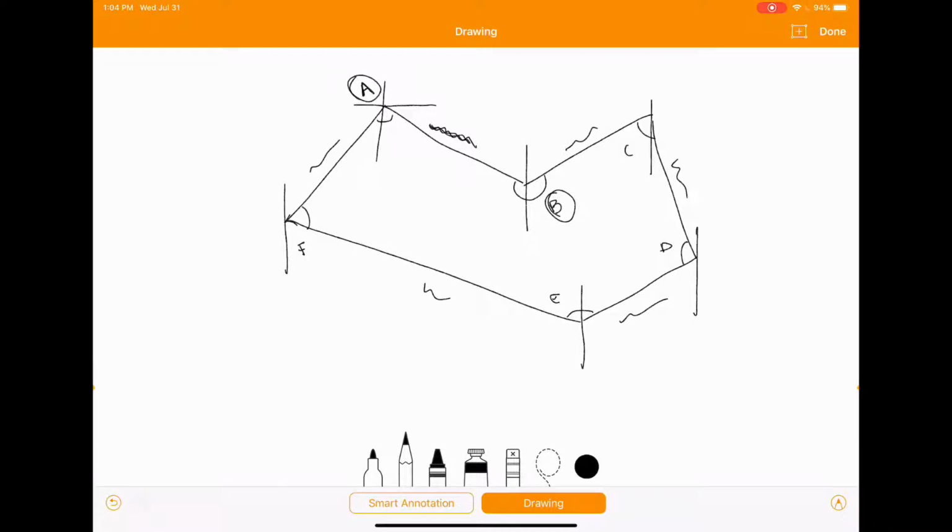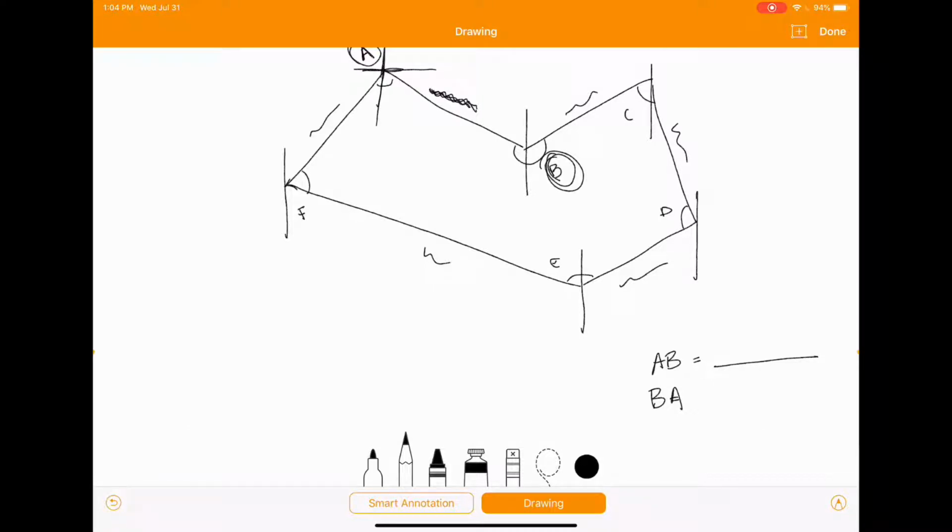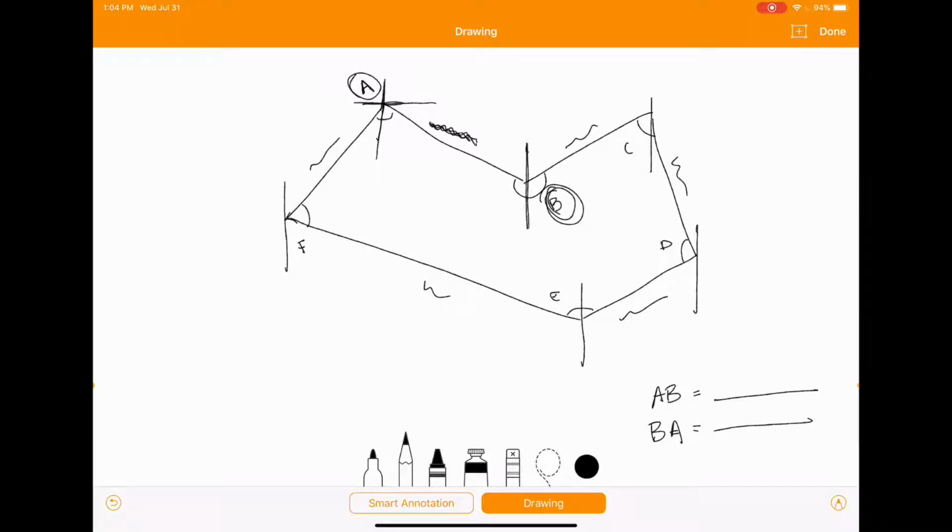And so this bearing angle here is referring to your bearing angle at A going to B, which would be denoted as AB equals whatever that bearing angle ends up being. If it was BA equals some bearing angle, then it's going to be referring to your bearing angle at B going to A.